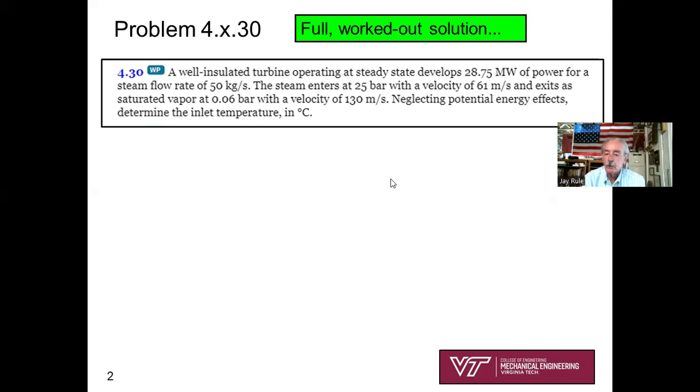The steam enters at 25 bars with a velocity of 61 meters per second and exits the steam turbine as saturated vapor at 0.06 bar with a velocity of 130 meters per second. It says neglecting potential energy effects, determine the inlet temperature in degrees C. Sounds pretty simple, only looking for one thing, right? Well, let's go ahead and get started.